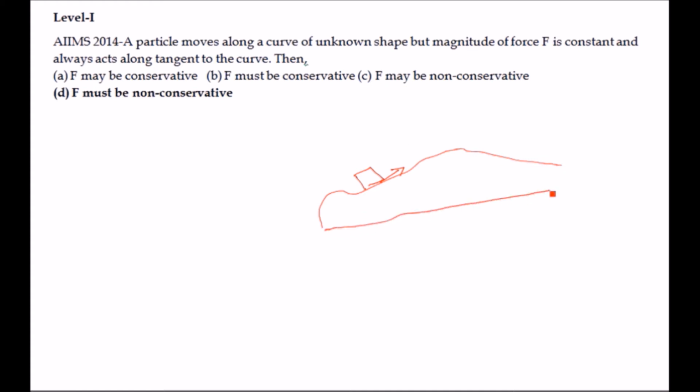So in this case the work done by force will not depend only on the final point or the initial point, but it depends on the path also. Like for this, the direction of force will be along this curve. If I move through this path, then at any point the direction of force will be along the curve. So clearly the direction of force is not constant.